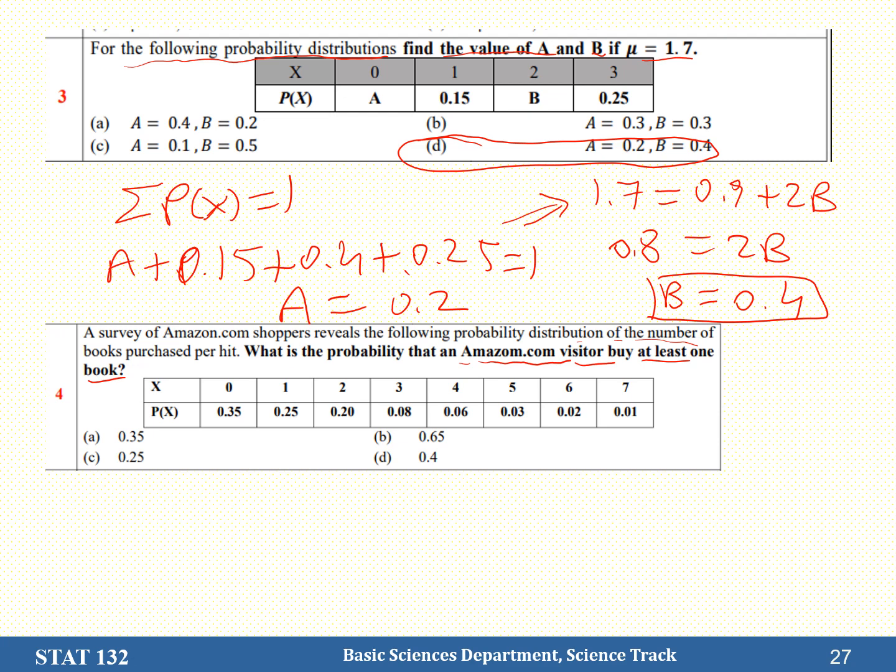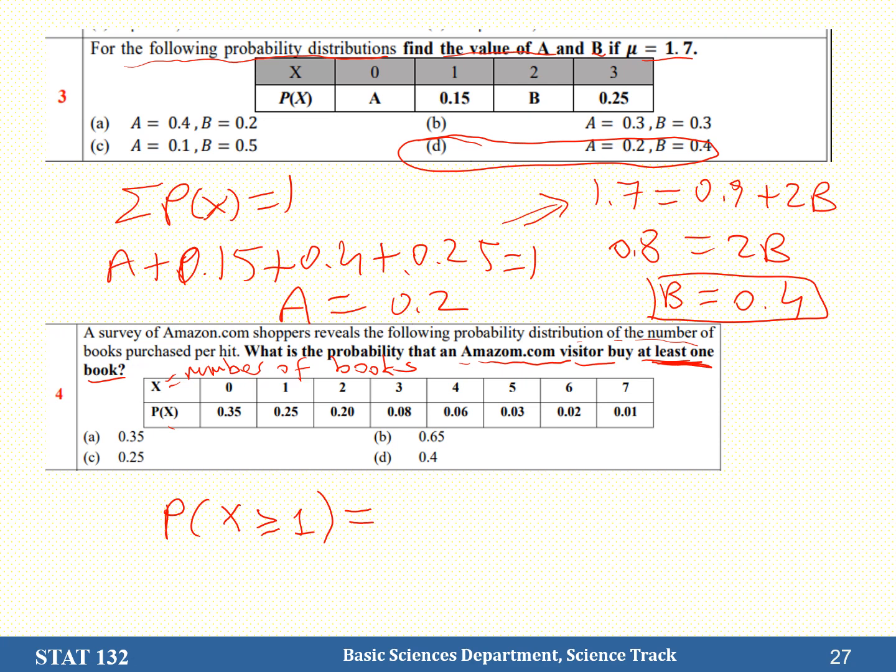So this is the number of books here, and this is the probability of each. Now, at least one book means the probability that x is bigger than or equal to 1.